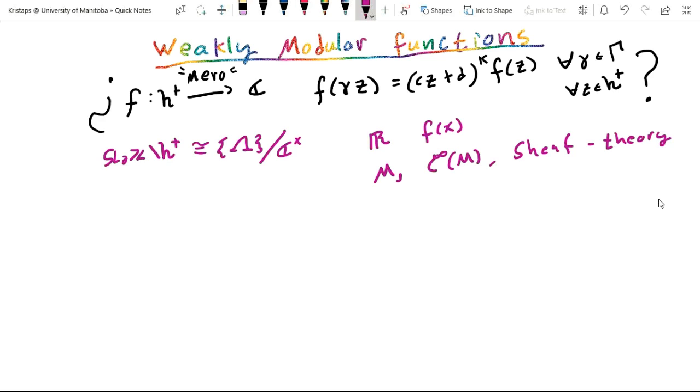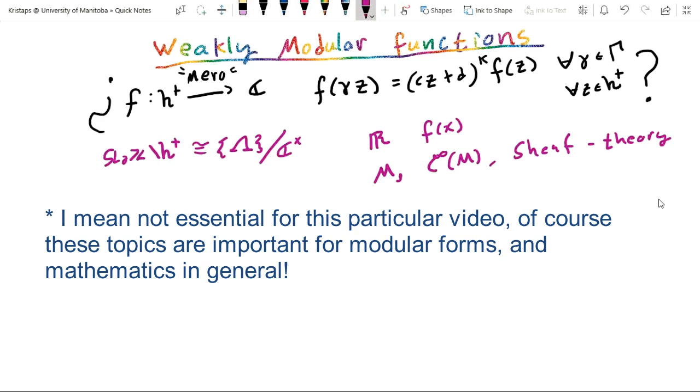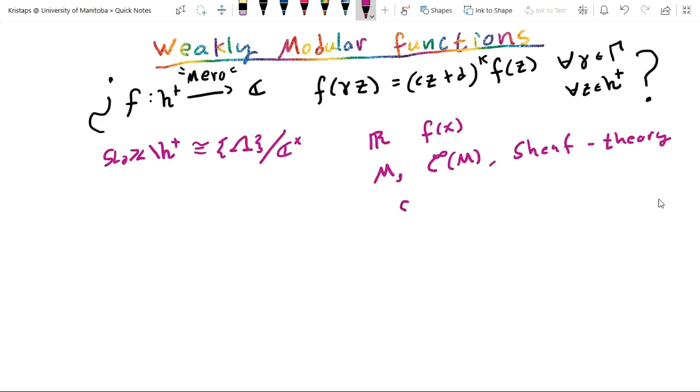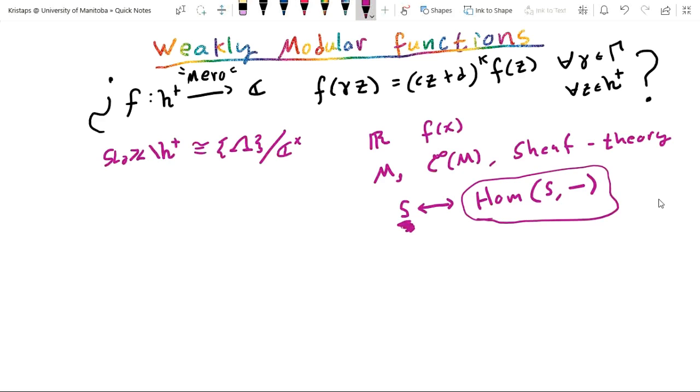Now, of course, if you haven't seen manifolds or algebraic geometry, don't worry, this is not essential stuff. But just to give you some idea of what's happening, in algebraic geometry, instead of thinking about some scheme, the geometric object that algebraic geometers like to consider, one possible viewpoint is to not even think about the geometric space itself, but to think about the different possible sets of functions going in or out of that scheme instead.